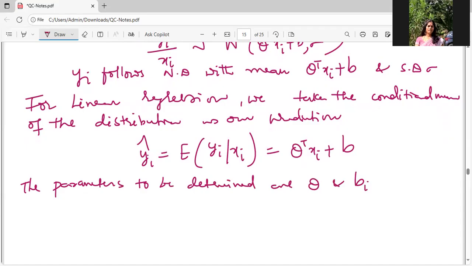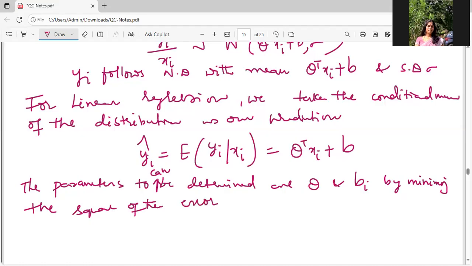The parameters can be determined by minimizing the square of the error term, the square of the error term ei, for each data point.